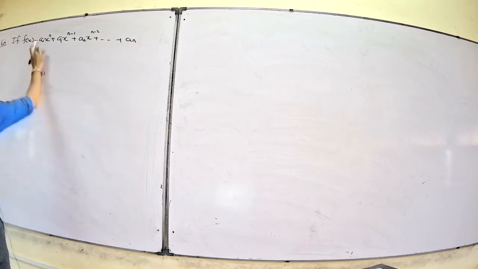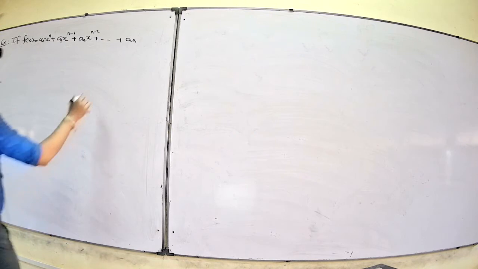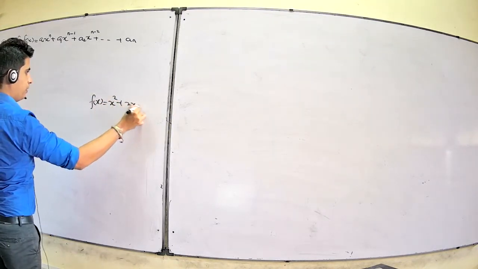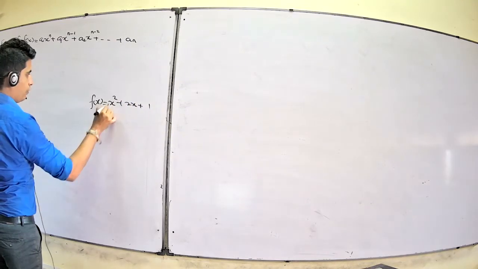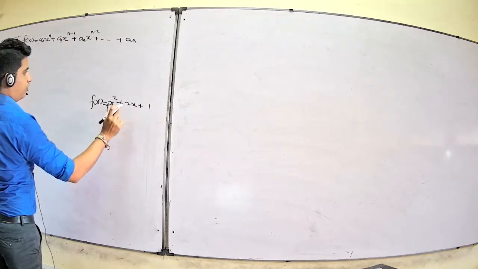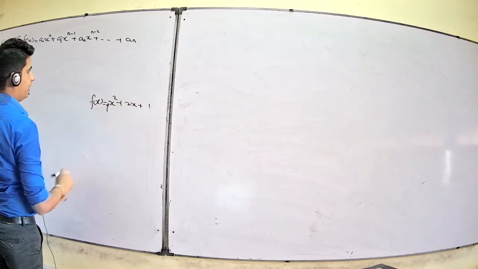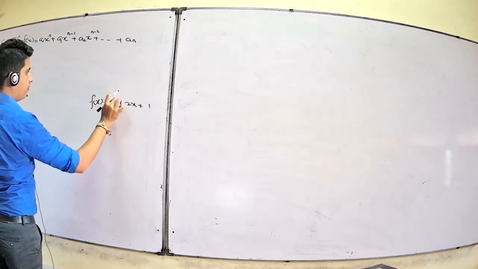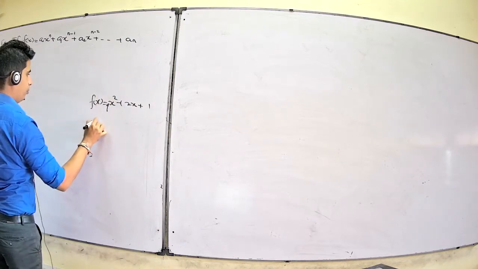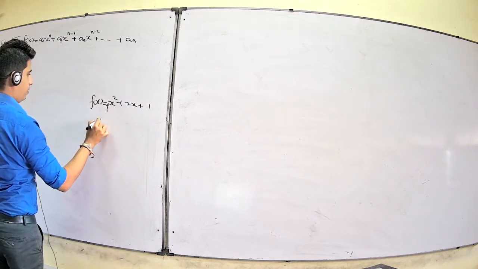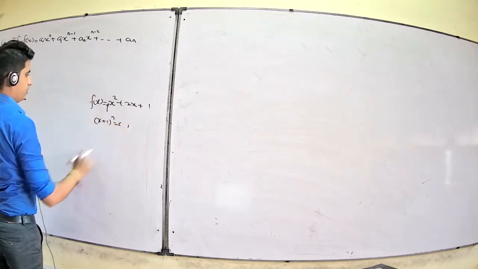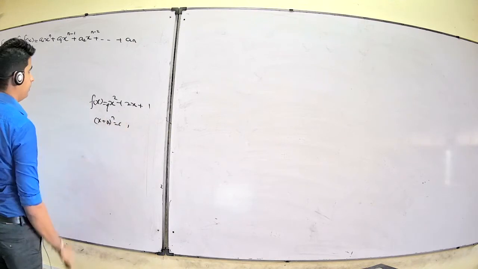These are coefficients a naught, a1. You know, a polynomial like this, f of x equals x squared plus 2x plus 1. It is a polynomial. Its coefficients are 1, 2, 1, like that. Also x plus 1 is a polynomial, and x plus a, like that.